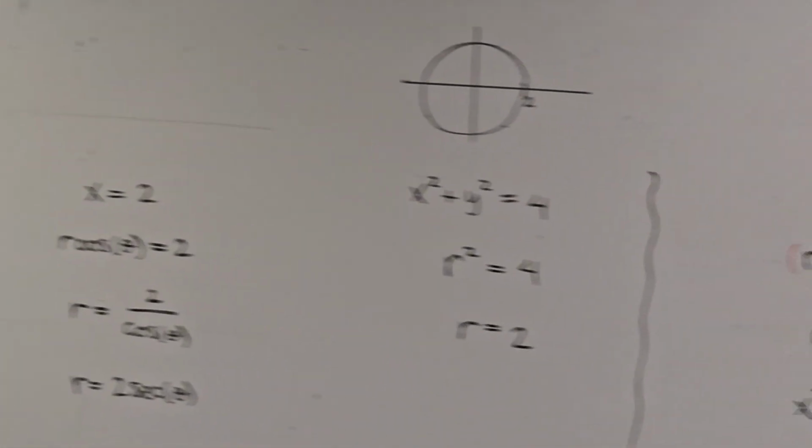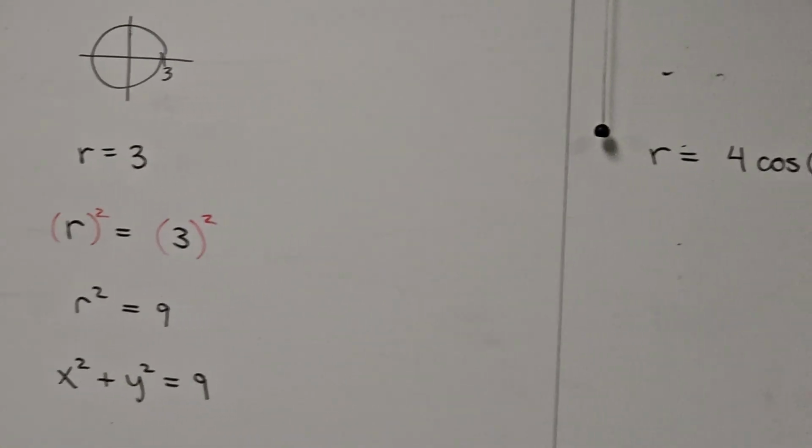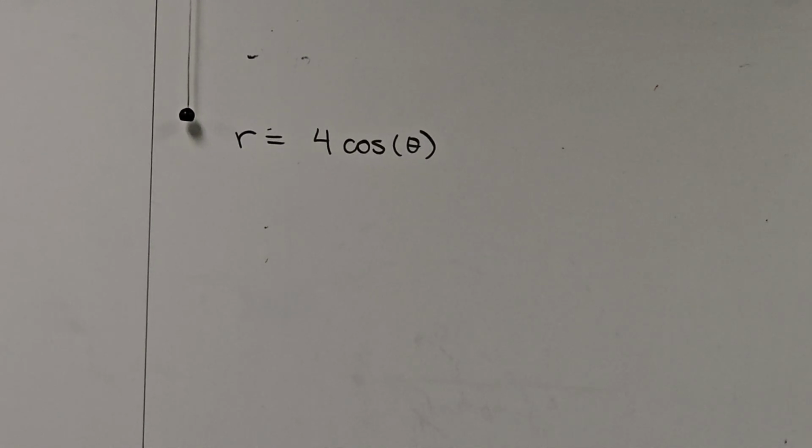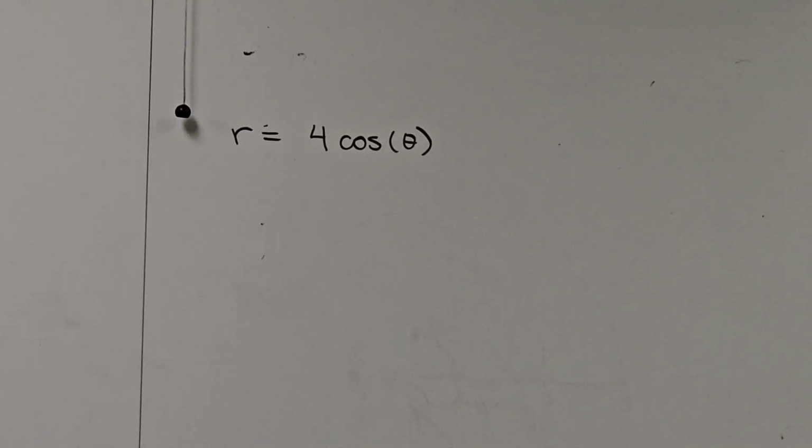This next one is r equals 4 cosine theta. I look over at my substitutions and I don't know, because I need r squared to plug in x squared plus y squared, and for the cosine piece I need an r. So it's almost like you need an r on both sides.